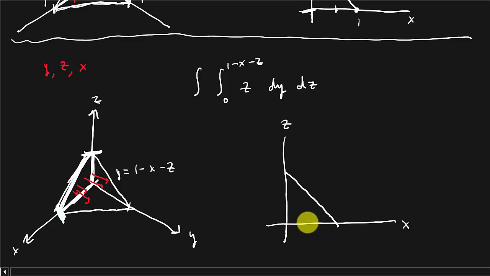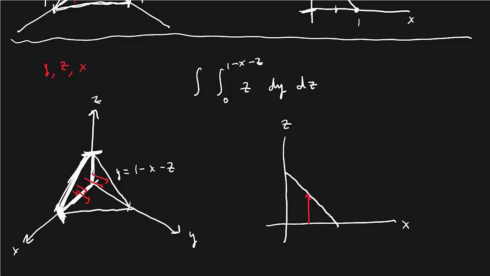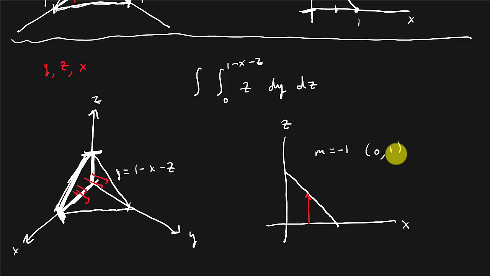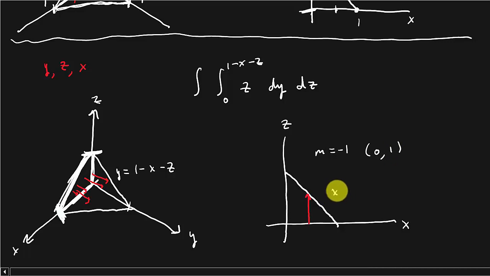Okay, and we're integrating with respect to z. So we're going on the z-axis. We're going from when z is 0 up to this line right here. Now, what's the equation of this line? Well, you can see the slope is -1, and it intercepts the z-axis at 0, 1, and so this is going to be x equals -z plus 1.